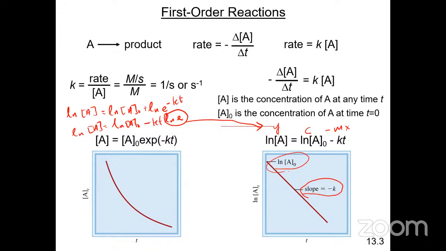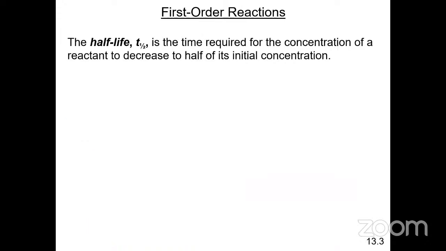Now, one more thing I want to talk about, and this goes back to the half-life definition that I introduced to you with respect to zero order reactions. This can also be applied to first order reactions and second order reactions, as you're going to see here. But to calculate it, the equation will be different.